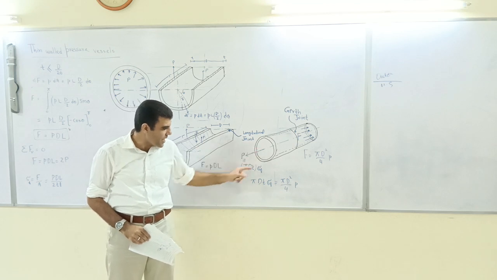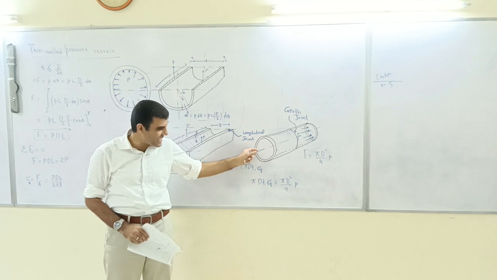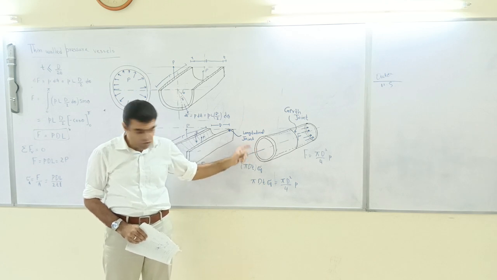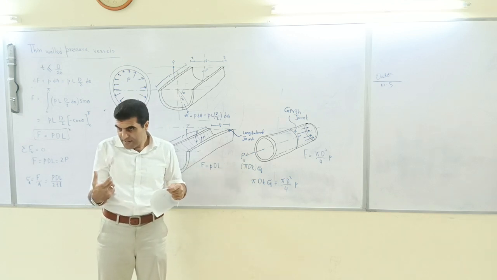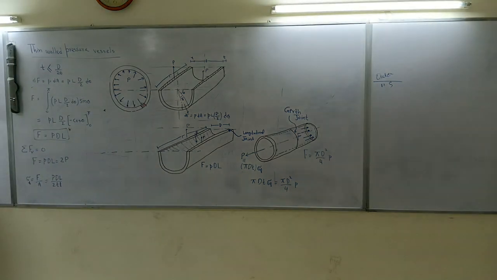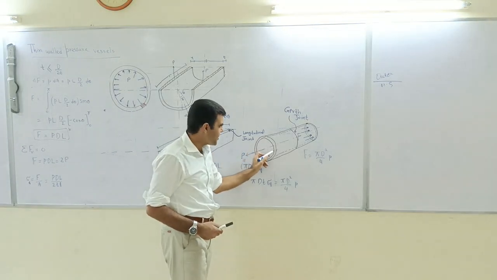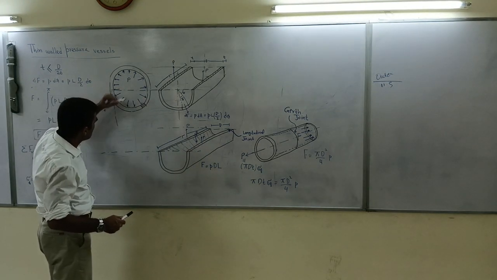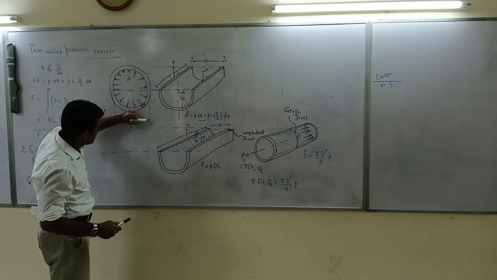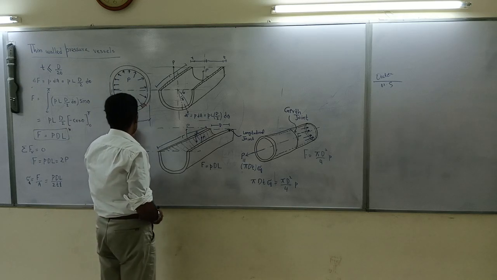In reality, this would be pi d plus 2t. But we have just taken pi d, and this would be pi d plus t, isn't it? If you take the average of this area, this is d plus t.